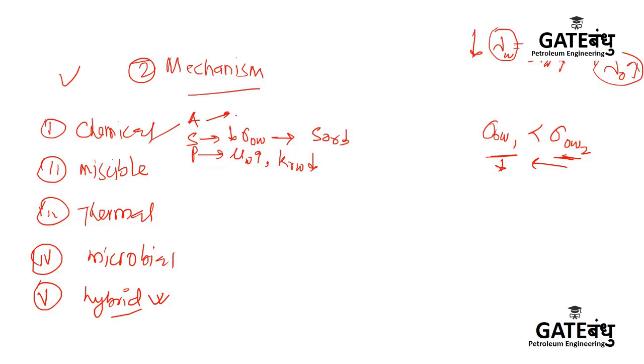What does alkaline do? It reacts with the heavy components of oil, or resinous components of oil, and creates an in situ surfactant. When the surfactant is created, it acts like a natural surfactant.